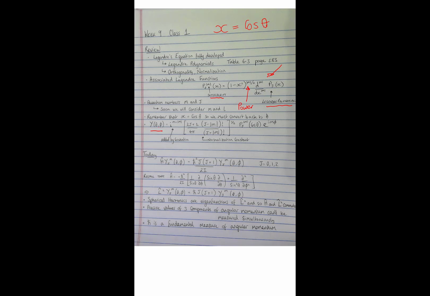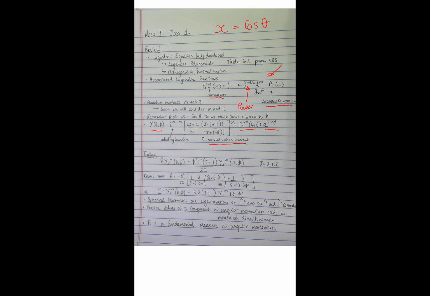So this is the Y function, and it's made up really of the function that we came up with very early on in this chapter. We also have the associated Legendre functions, which give us the theta term. And you'll note that all of the normalization constants are found in this section here that precedes the functions.